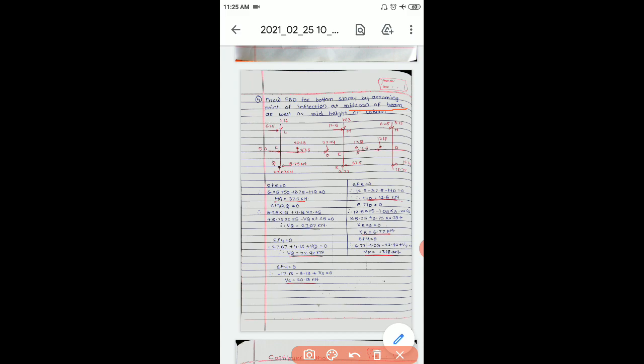We are going to apply this assumption to the whole story, considering the loading differences because of this 25 kilonewton horizontal load for the first story, and this 50 kilonewton part also.